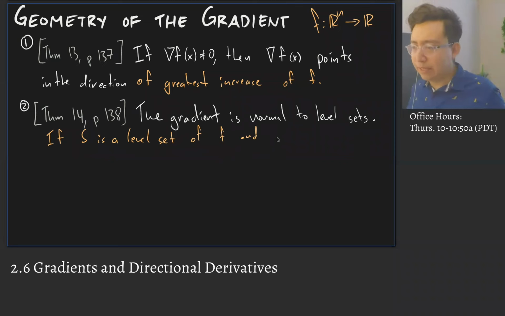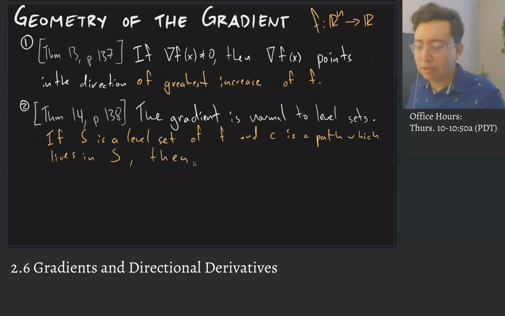And C is a path which lives in S, then the gradient of f dotted with c prime is equal to... actually, I should say a little more.